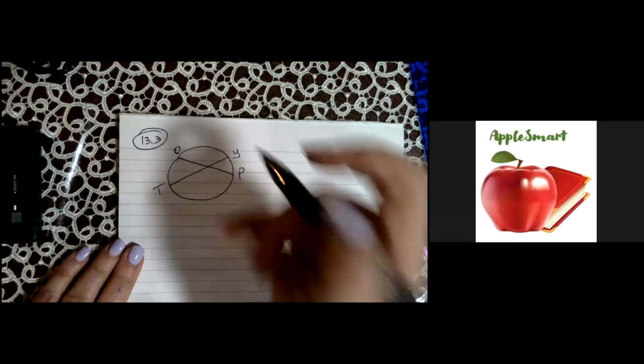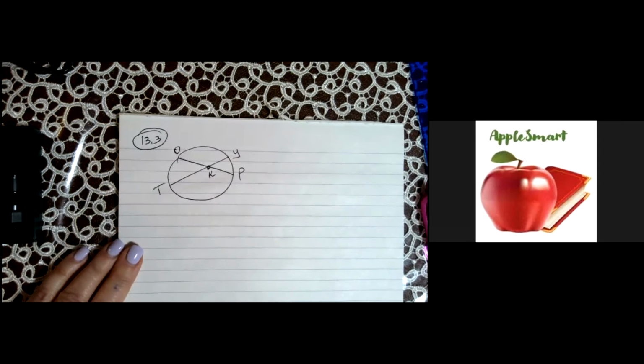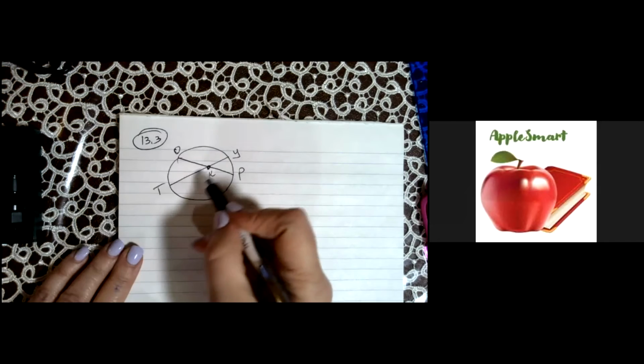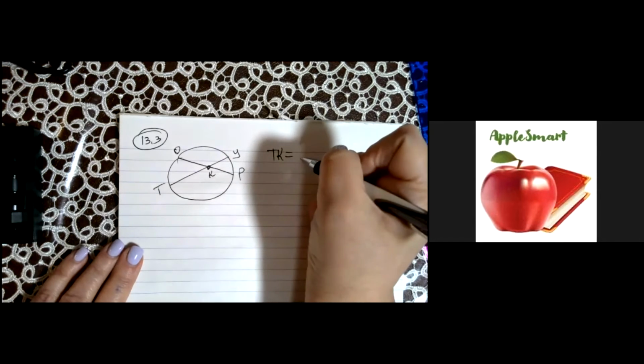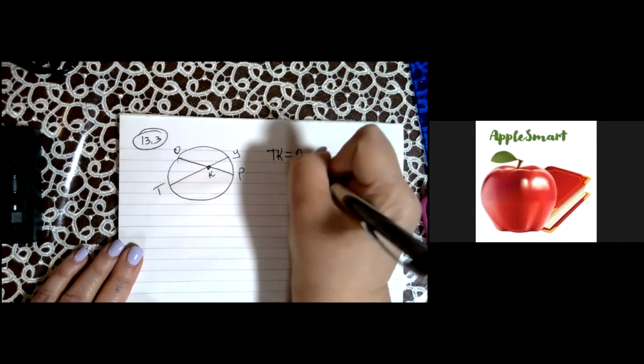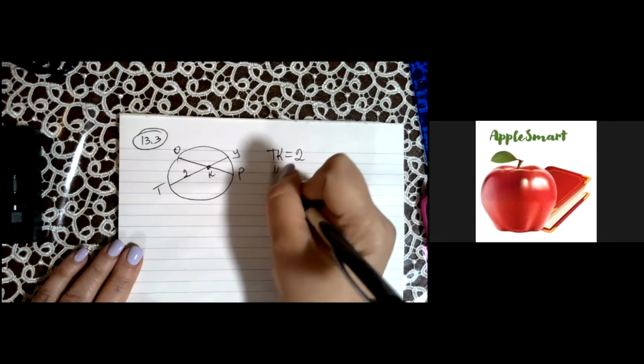They meet at point K, such that TK is equal to 2. KY is equal to 16.